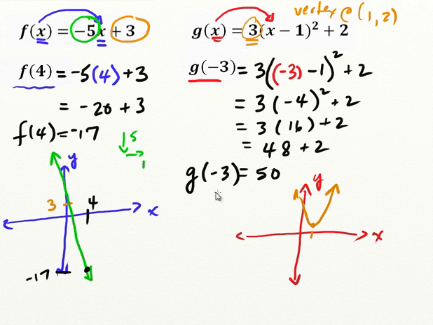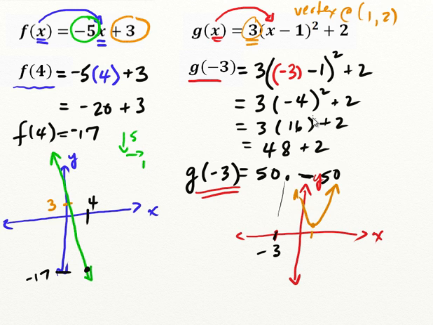Now, this says that the function g at negative 3 is equal to 50. And all that means is that if we were over here at negative 3, we would be way up here, and when we go over to the y-axis, it would be 50.